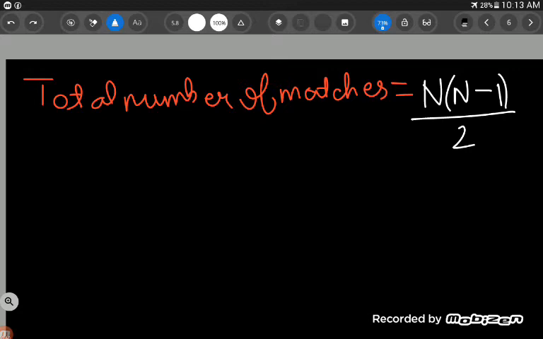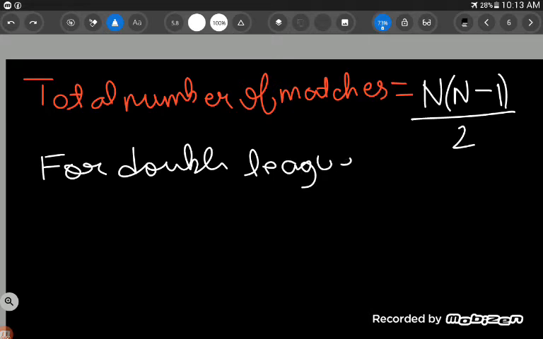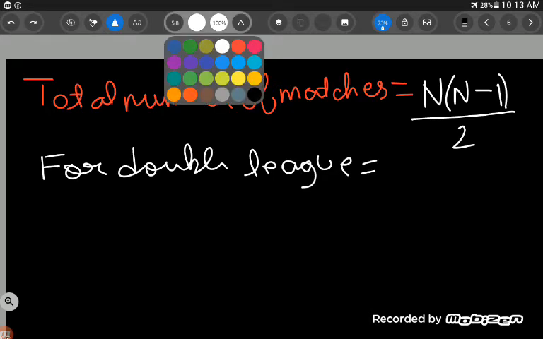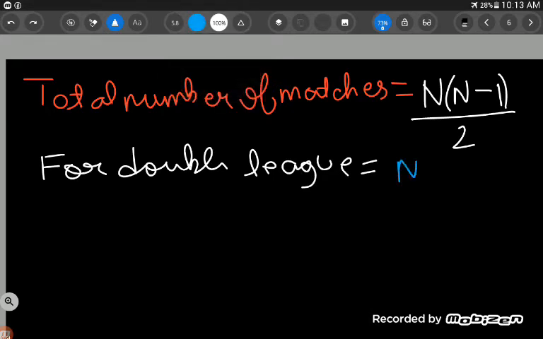What is the formula for the double league? n into n minus 1. For double league, n into n minus 1. Okay.